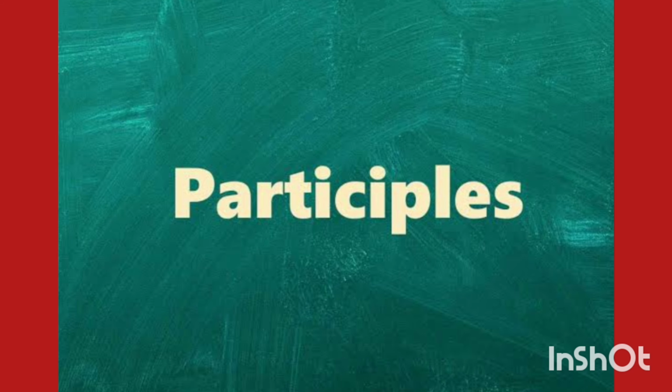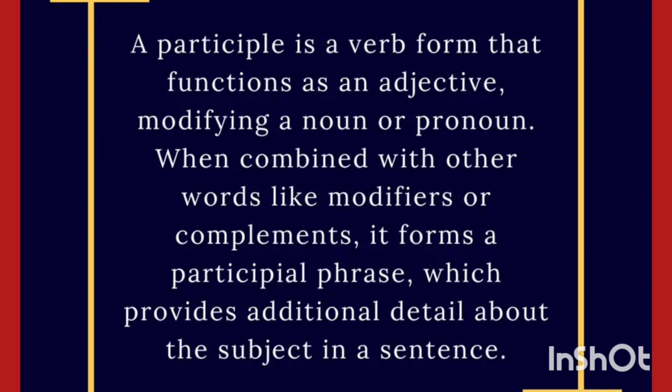We now come to the third and final type of non-finite verb. At this stage, it is important to understand a verb form that not only shows action but also adds description to a sentence. This form of verb is known as a participle. Although participles are derived from verbs, they mainly function as adjectives.